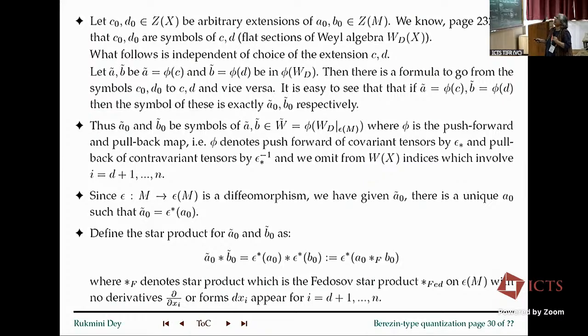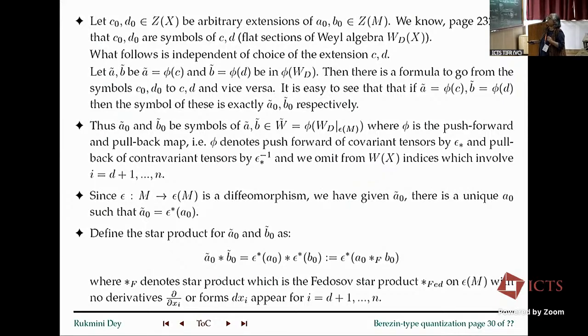So in that case, I get these objects on M, and let A0 tilde and B0 tilde be their symbols, and our job is very easy. A0 tilde star B0 tilde is just epsilon star A0 star with epsilon star B0, which is just epsilon star A0 F B0.